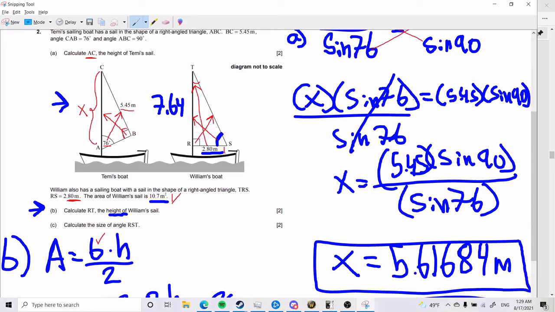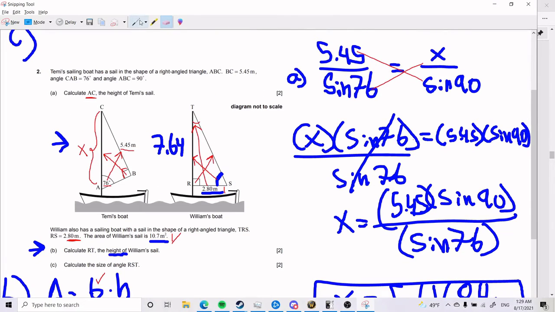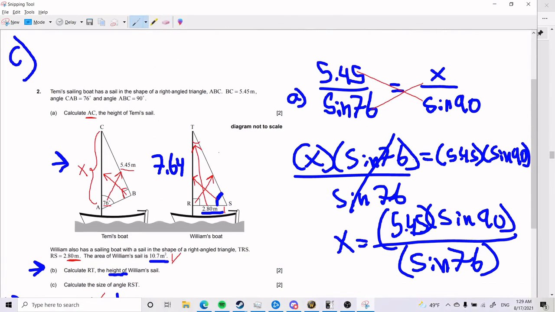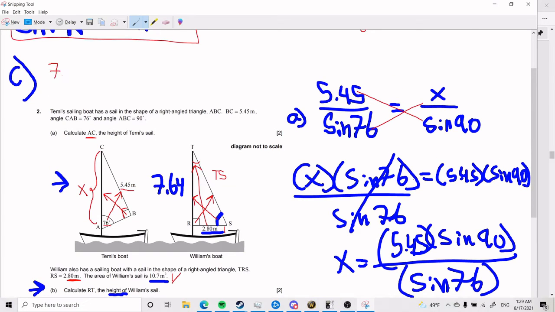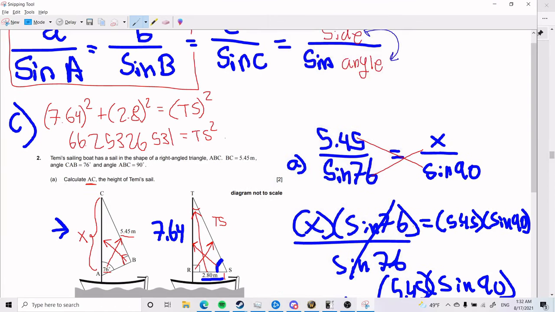And so we know that we can get the last side, which is this one here, by using Pythagoras theorem. So applying Pythagoras theorem here to find the side TS, we're going to have 7.64 squared plus 2.8 squared equals the side TS squared. And so putting this into our calculator, we end up with this number here.